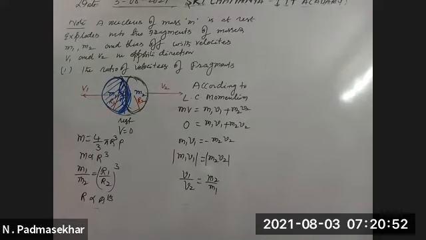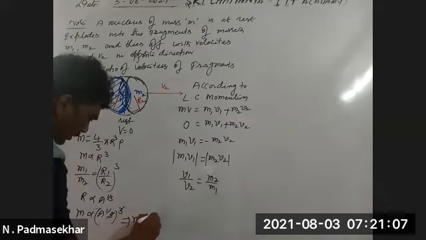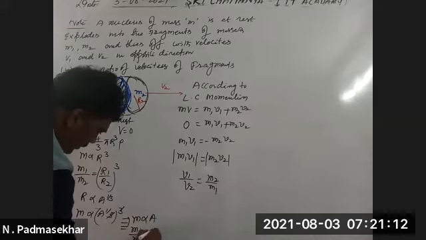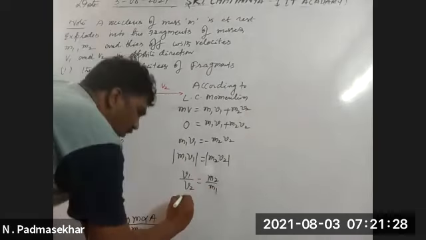So m is proportional to a to the power of 1 by 3 whole cube, so m is proportional to a, that is m1 by m2 is equal to a1 by a2. Suppose the mass number is given, so we can write m1 by m2 is equal to a1 by a2.